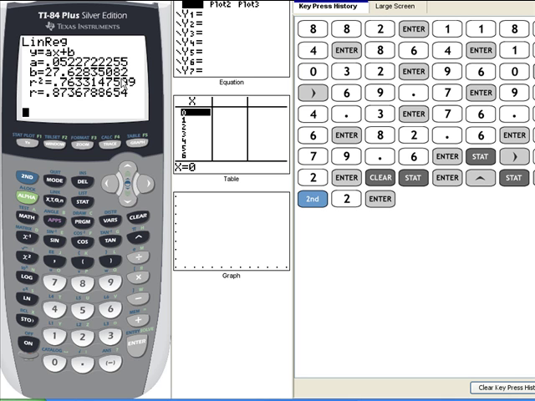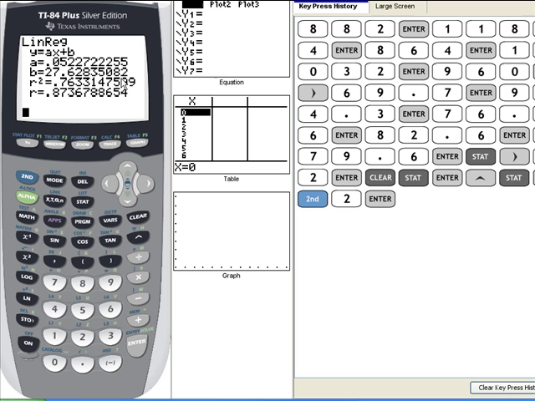Now our problem wants us to make a prediction, and what we said was our r was strong enough. I think we compared it to 0.707, that we do have significant linear correlation, and so they want us to make a prediction for a cricket that chirps 3,000 chirps in 1 minute. So let's do that with our calculator.